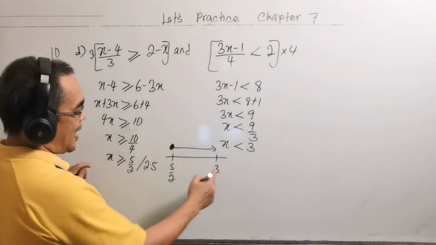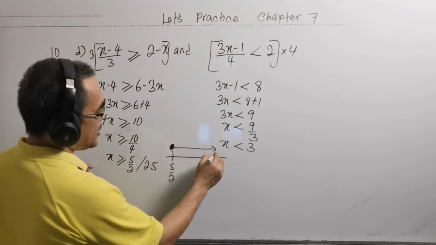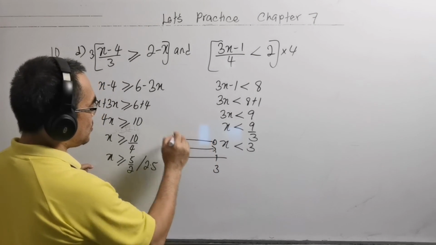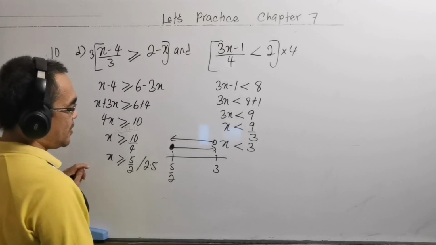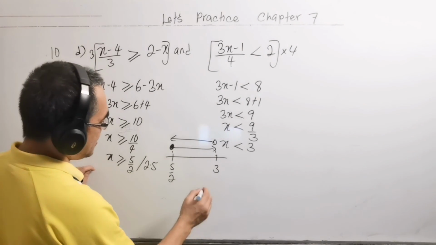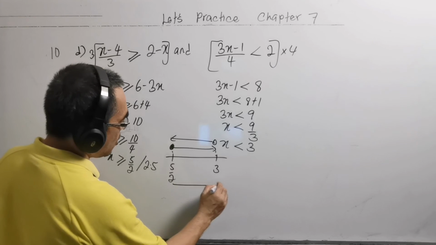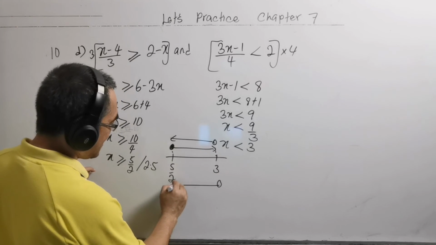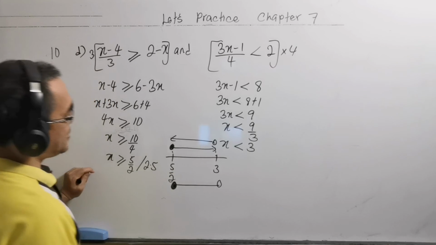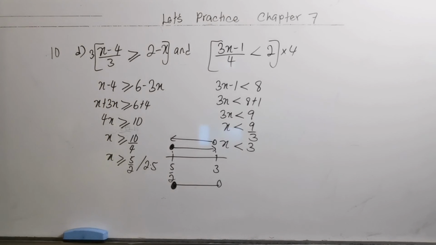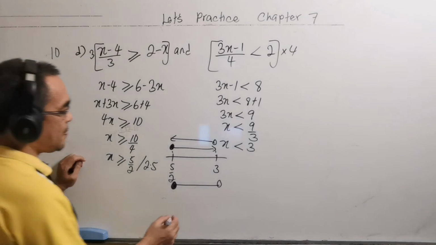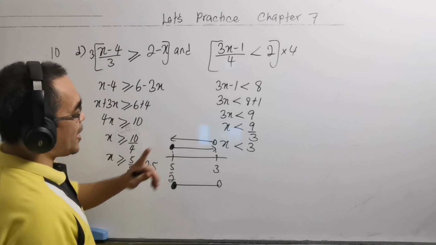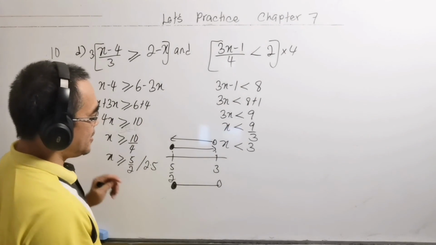And then less than 3 means I draw a circle but do not blacken it, going to the other side. Or in another drawing, you could draw one circle here, but you have to blacken here. That's another way. And the final answer will be between these two values.